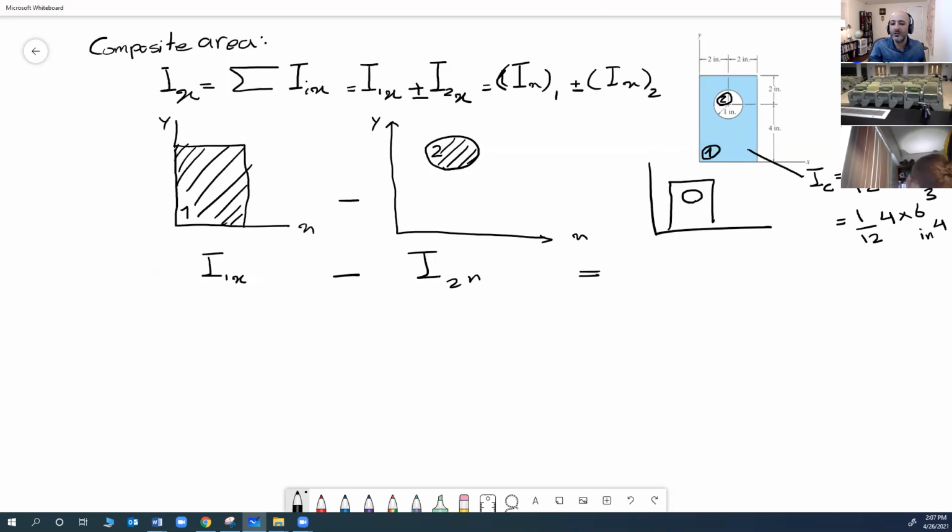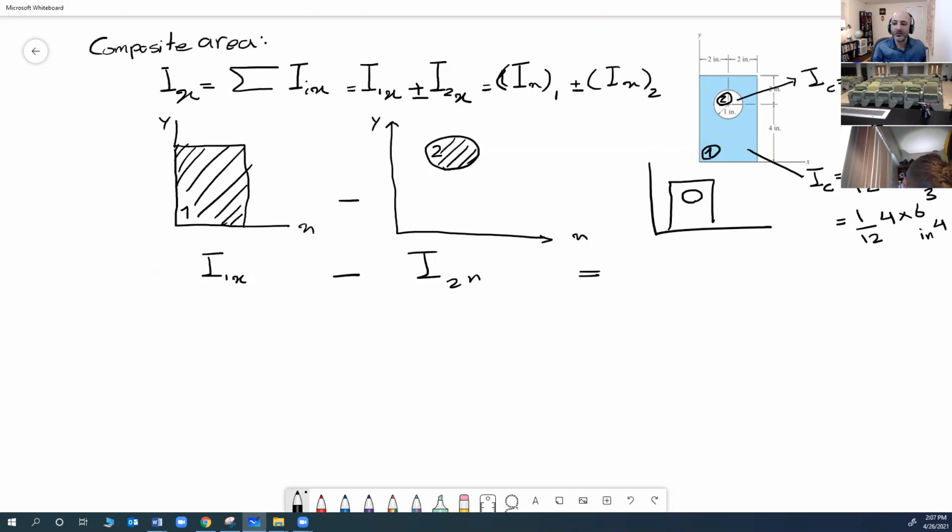For the circle, I about the centroid is 1 over 4 pi r to the fourth. So it's going to be 1 over 4 pi, r is 1 inch, so 1 to the power of 4, inches to the fourth.